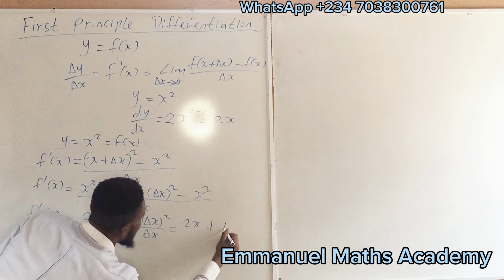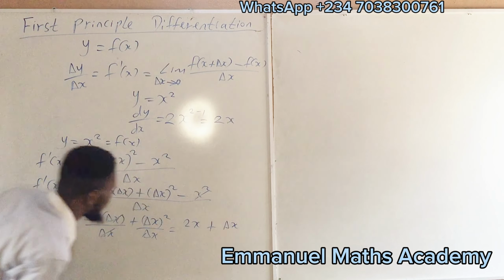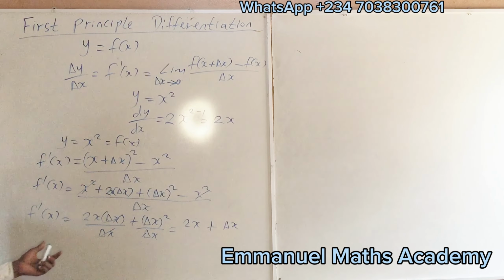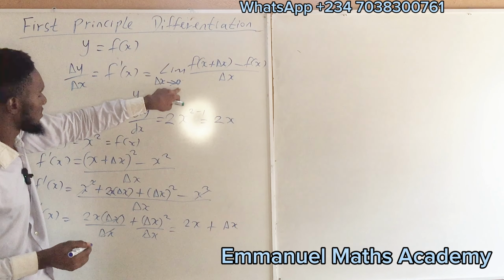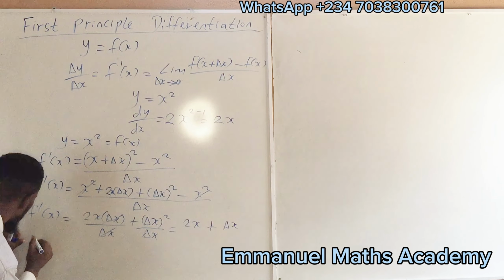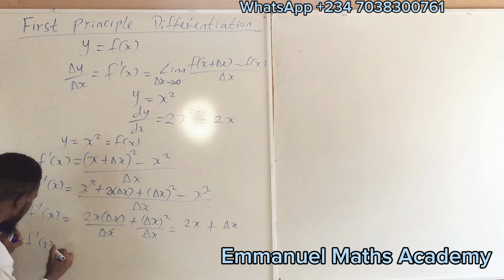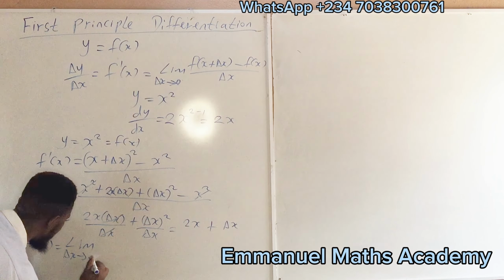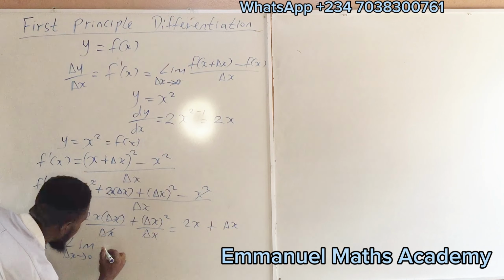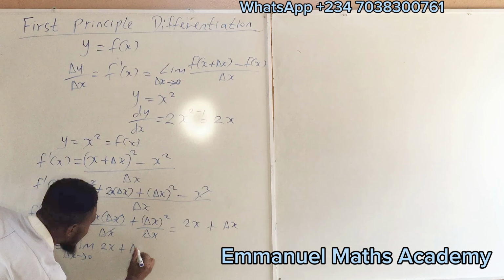2x plus delta x. Then at this point, introduce your limit, as delta x tends to 0, right? This is equal to f prime of x equal to the limit as delta x tends to 0 of 2x plus delta x.